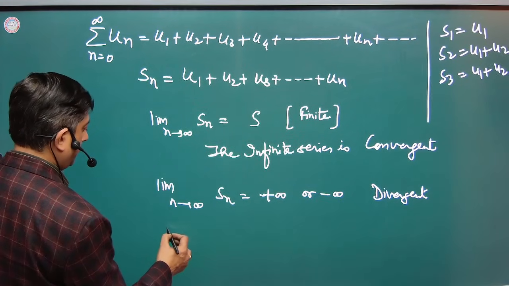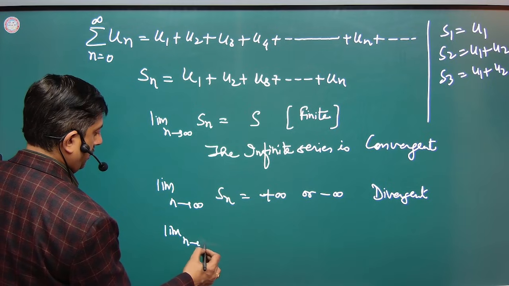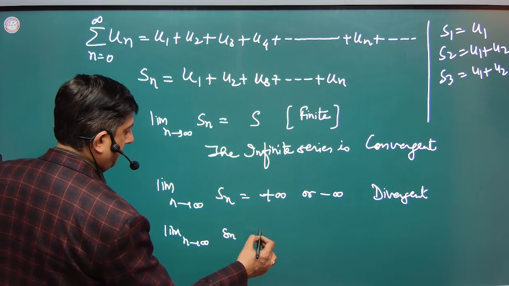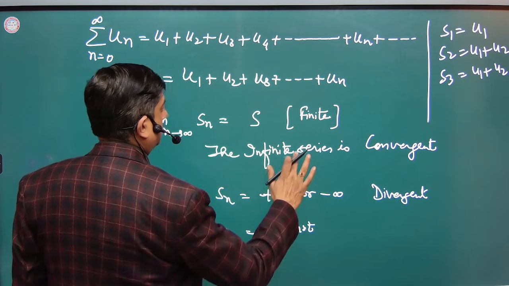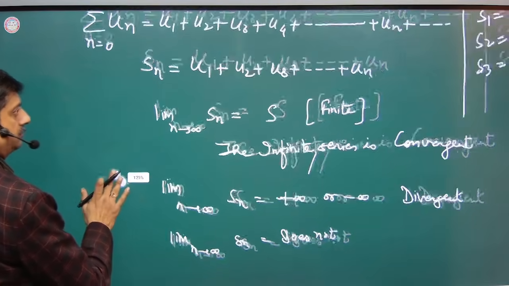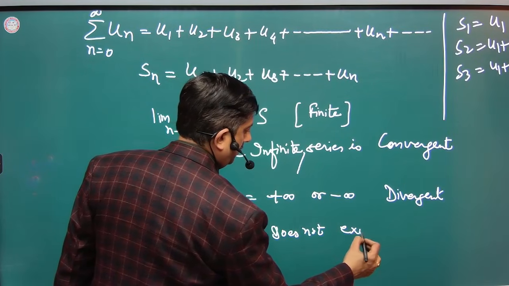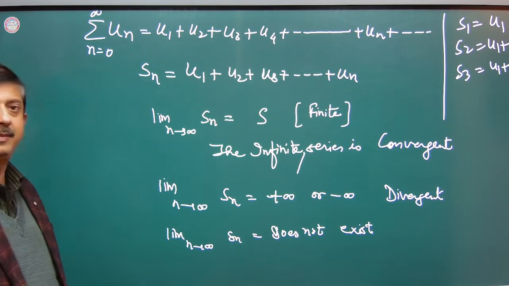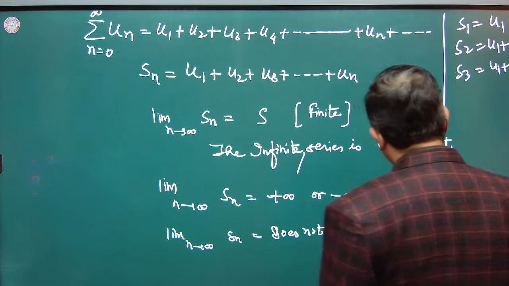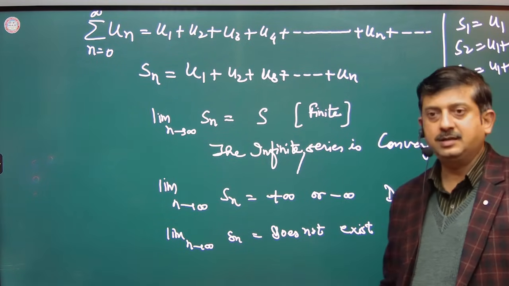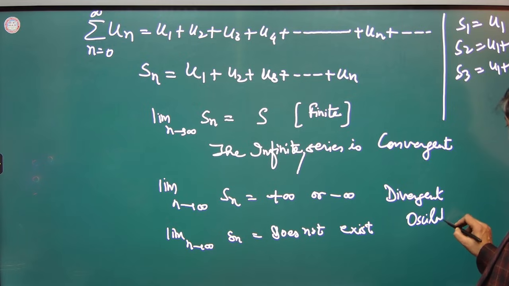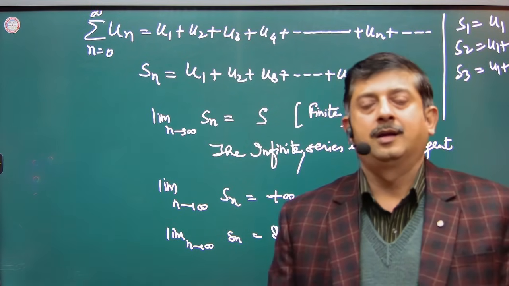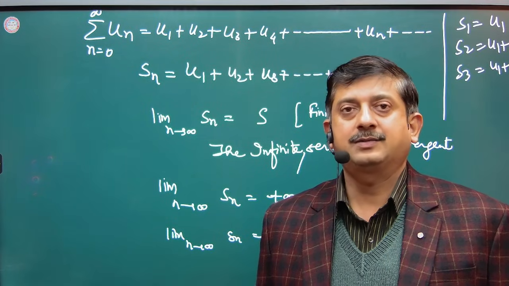And also if the limit n tends to infinity of Sn does not exist, it means it is neither convergent nor divergent; it is oscillatory. So this is the basic criterion of convergence or divergence of an infinite series.